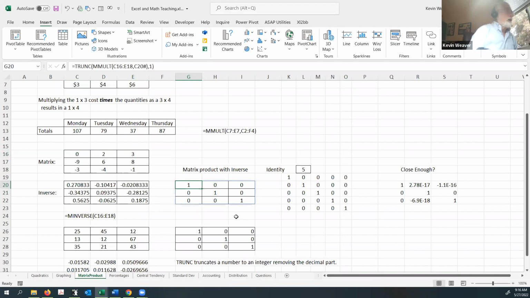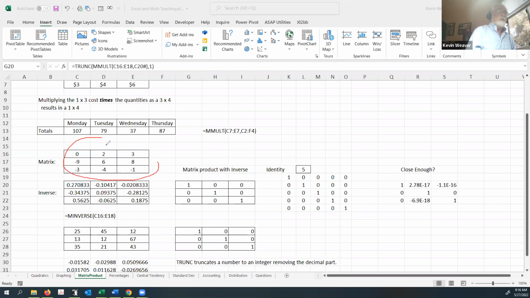Now I teach one more thing about Excel 365. Actually, two more things. The matrix multiplication is to take the matrix product of the matrix in C16 through E18.